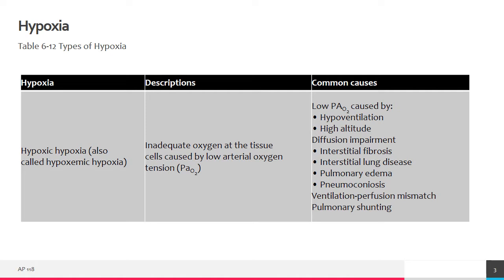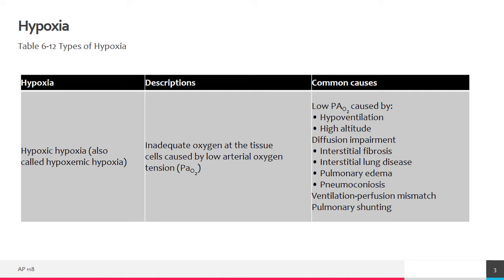So let's start with low alveolar oxygen tension, or a low PAO2. Because the arterial oxygen pressure is determined by the alveolar oxygen pressure, any condition that leads to a decreased PAO2 will result in a reduction of the patient's PaO2.